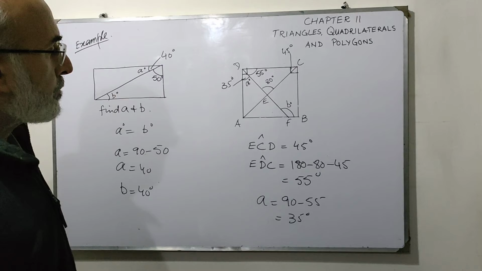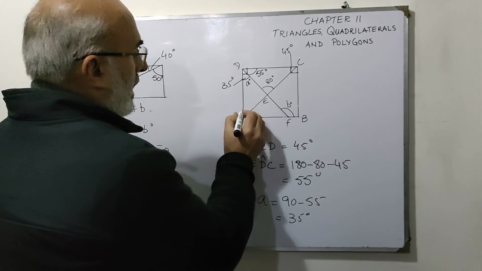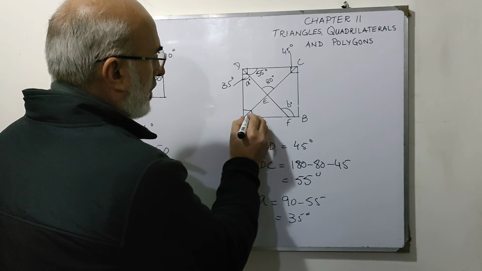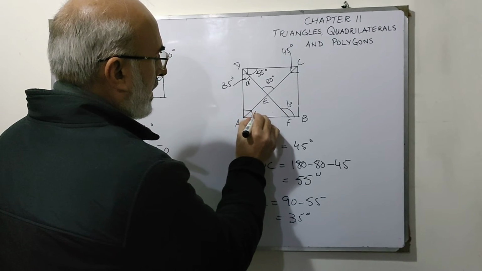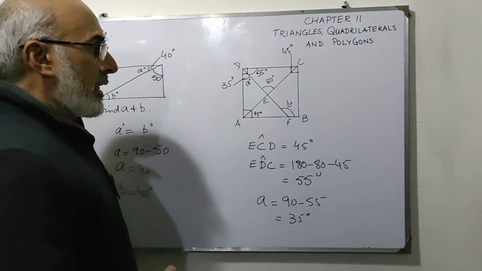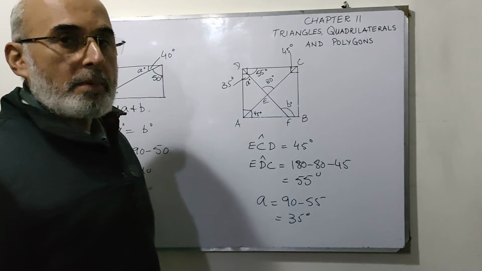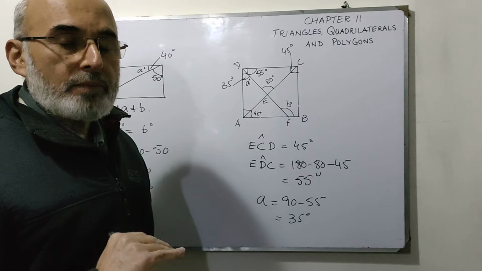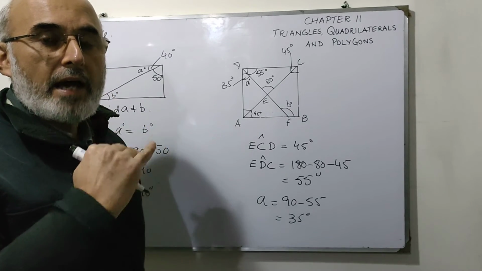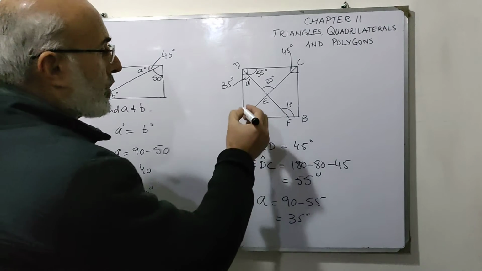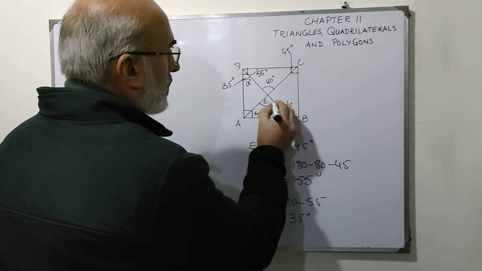Okay. Now, similar is the case here. This angle is also of 45 degree. Now, what is this angle? If we remember, vertically opposite angles are equal. Vertical opposite angles are equal. So, this is also 80 degrees.